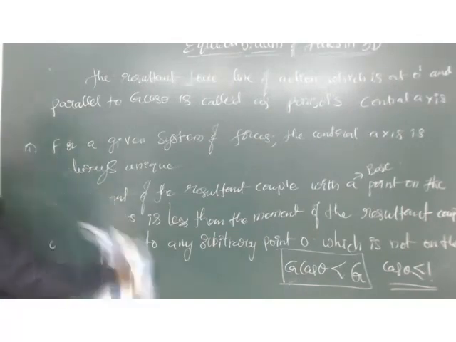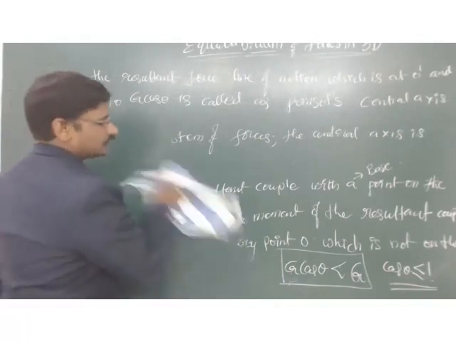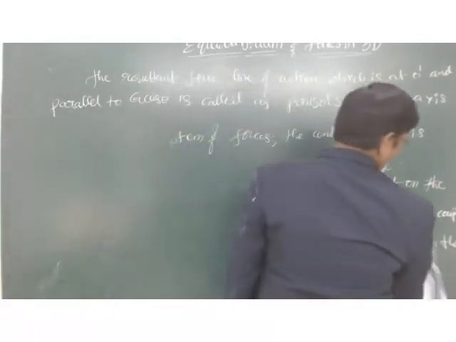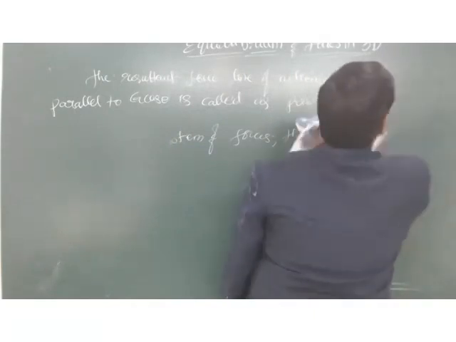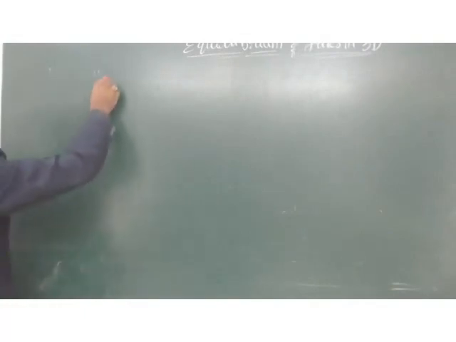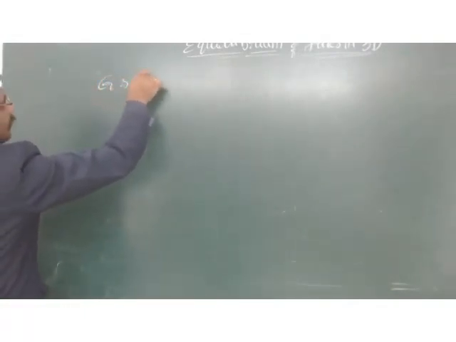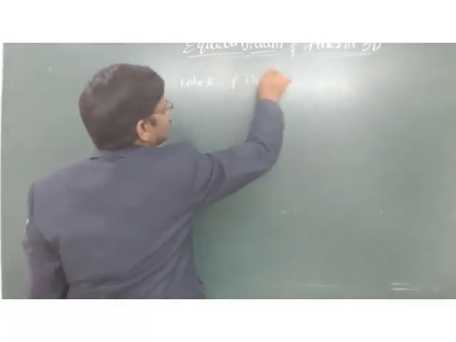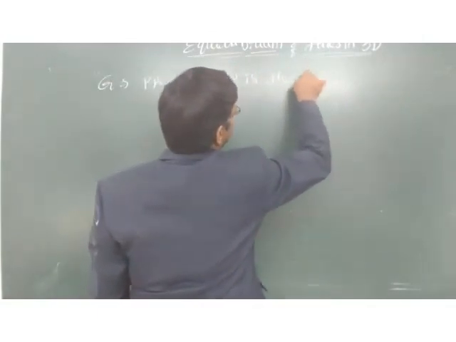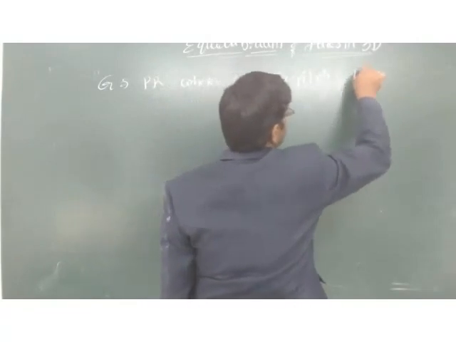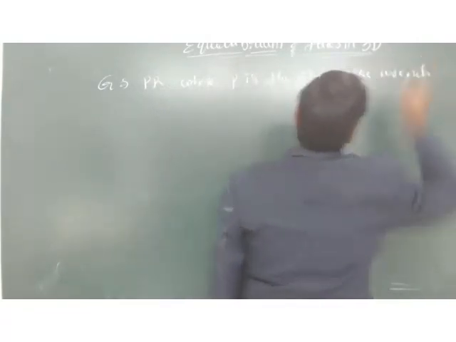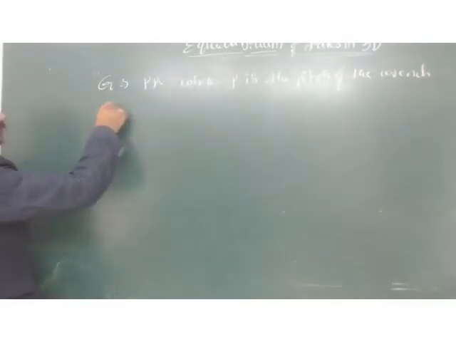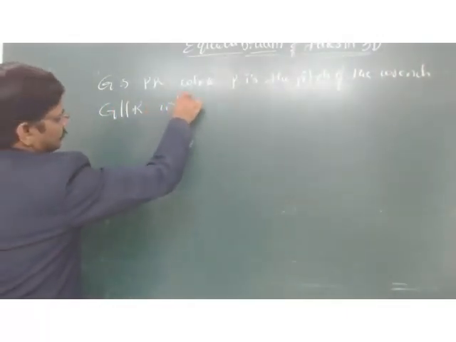Okay. So we have discussed something called the pitch of the wrench. G is equal to PR, where P is the pitch of the wrench, and G is parallel to R, which is a wrench.